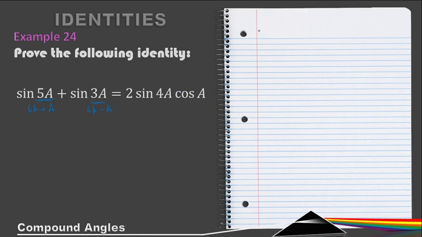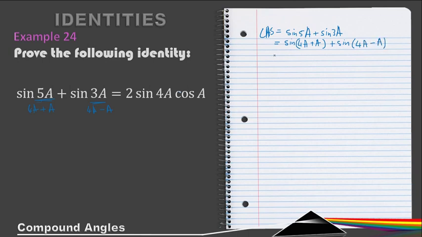So if I start, I say left hand side is equal to sine 5a plus sine 3a, right? Then we just break them up as sine 4a plus a plus sine 4a minus a.